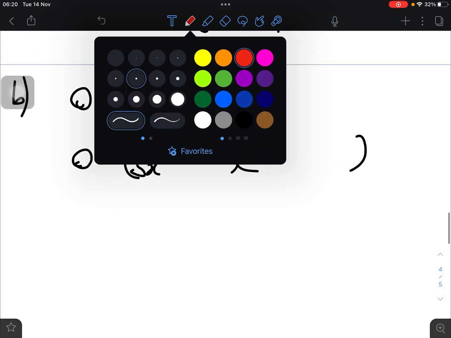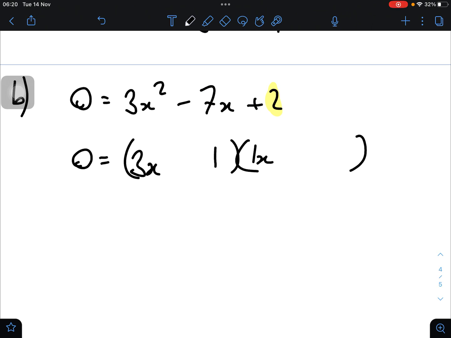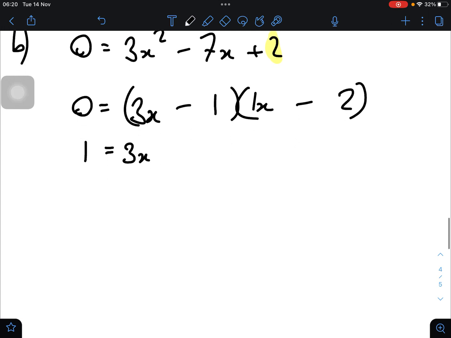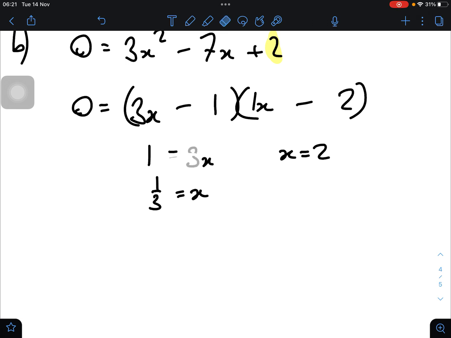1 and 2, both of them have to be negative, so that we get negative 7x. And so therefore we'll get solutions 3x equals 1, and that implies that x equals a third, and the other one we're going to get here is x equals 2, whichever way around you want to put those.